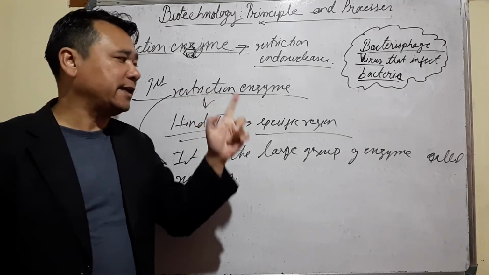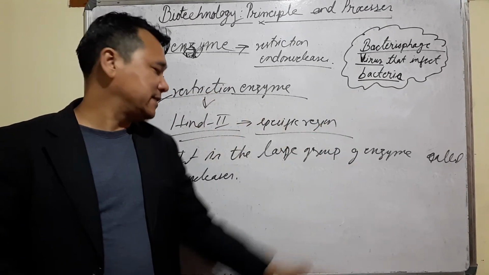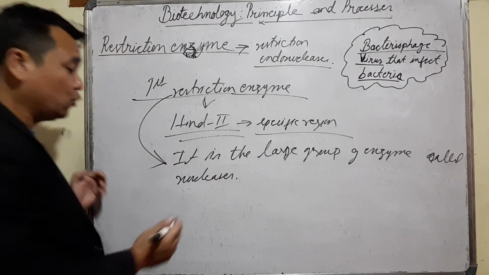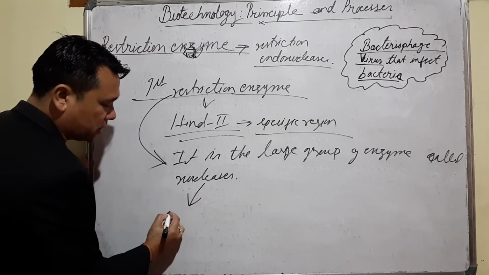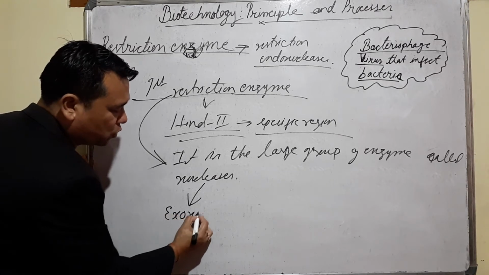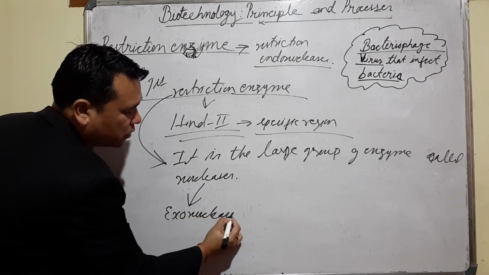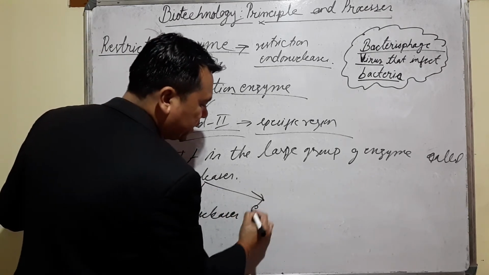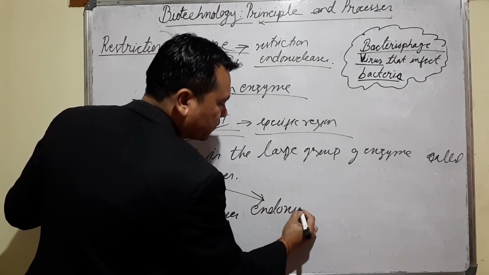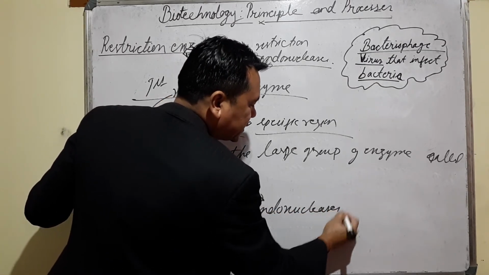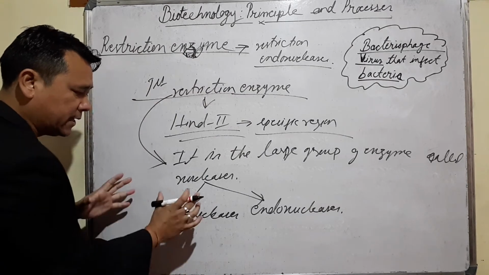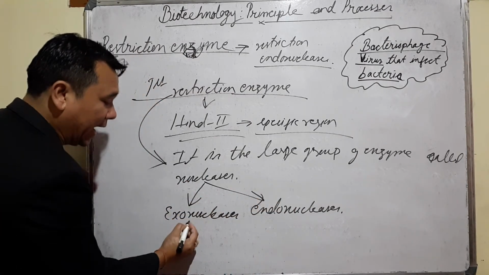What is a restriction enzyme? It is a large group of enzymes called nucleases. So there are two types of nucleases. Number one is exonucleases and number two is endonucleases.